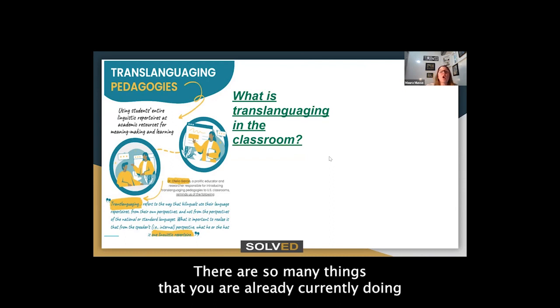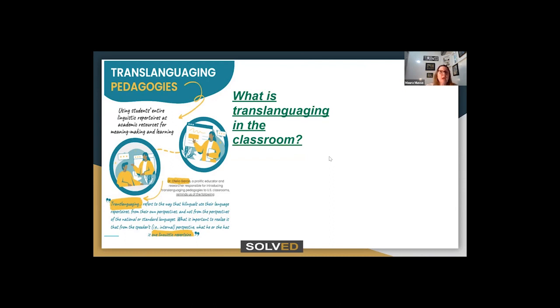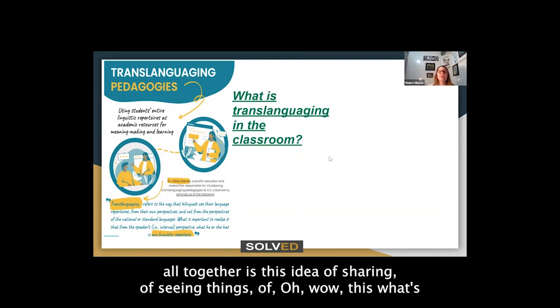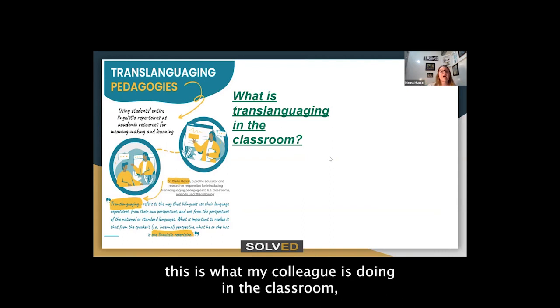There are so many things that you're already doing that are helping our students. One of the big things we can do to help our students is this idea of sharing, of seeing what my colleague is doing in the classroom.